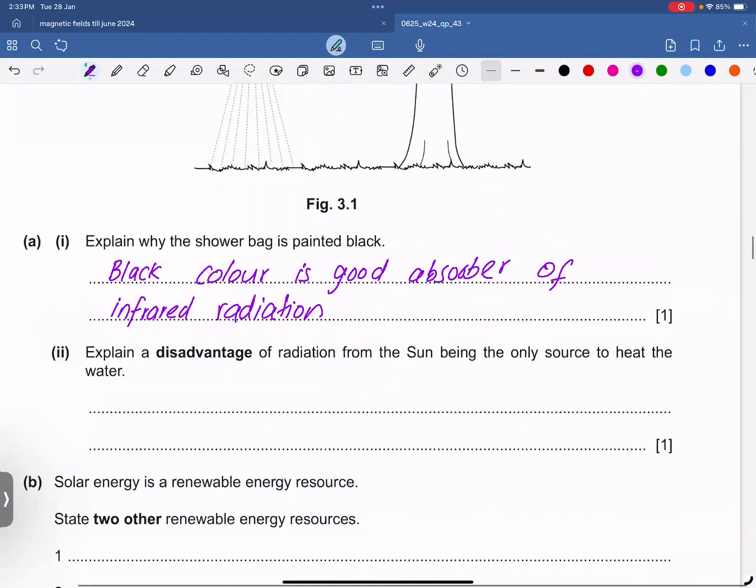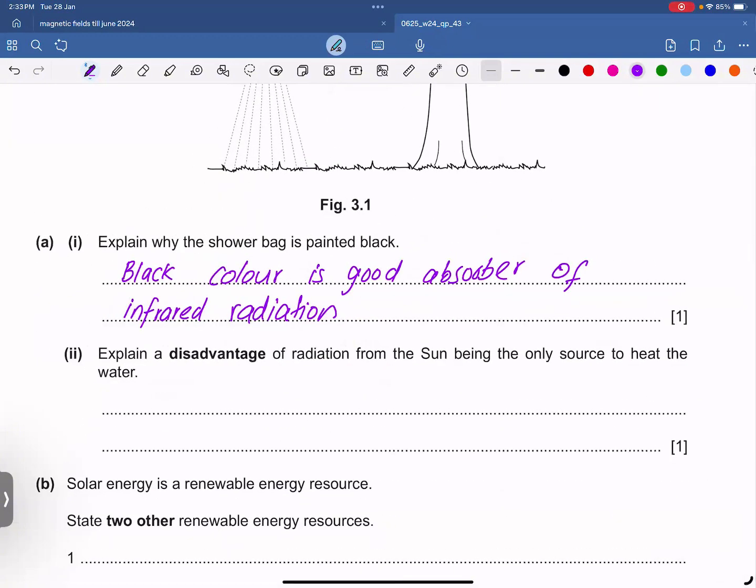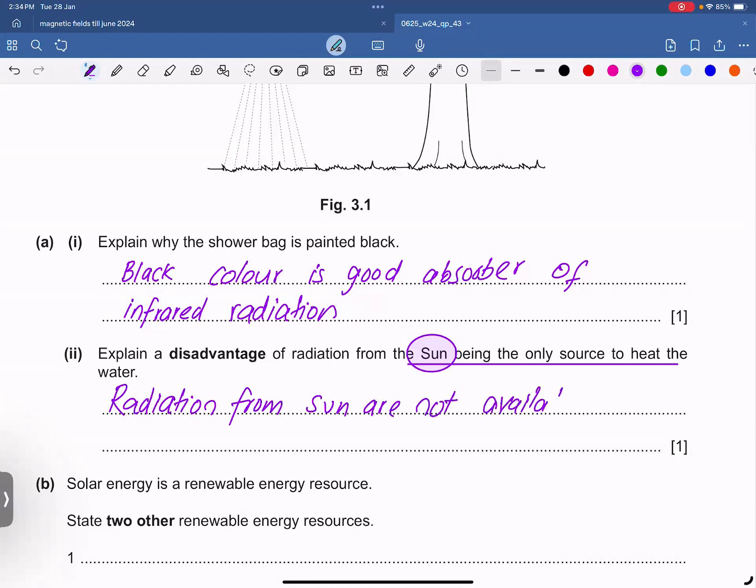Next question. Explain a disadvantage of radiation from sun being the only source of heat for water. Yeah, because the radiation of sun, at nighttime, they are not available. So solar radiation, you can say, or radiation from sun, are not available at night.